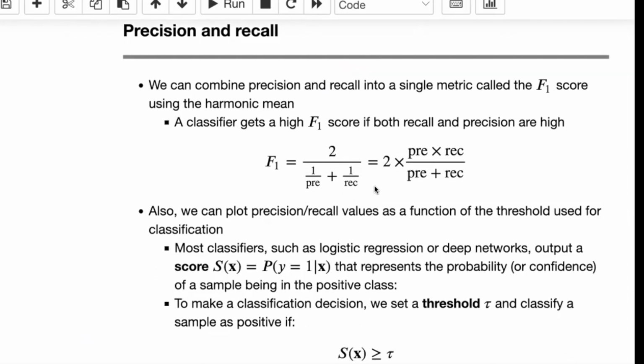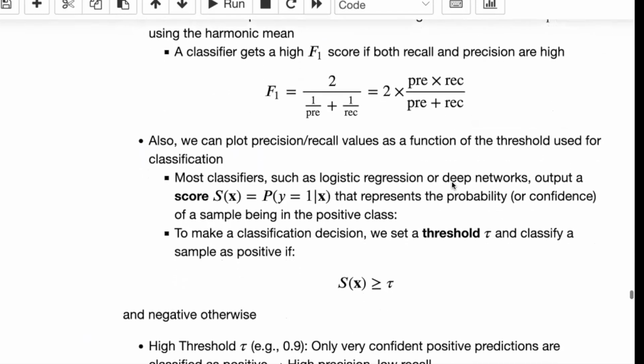If you do a little bit of math, we can see that this is equivalent to 2 times precision times recall over precision plus recall. And F1 score is also always between 0 and 1, 1 being the best score, and 0 being the worst.